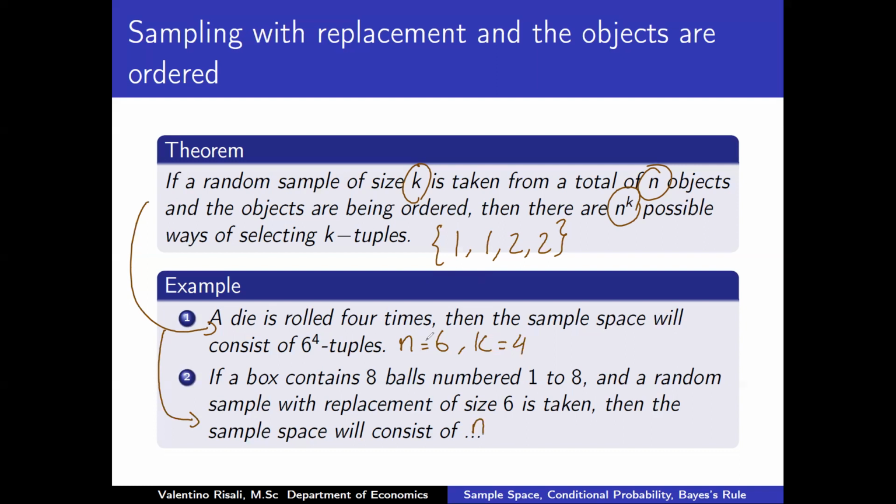Analyze first: the n objects given is 8, and the value of k is 6. So the sample space will consist of 8 to the power of 6 tuples. This is for sampling with replacement, where the objects are ordered. The order is important here.